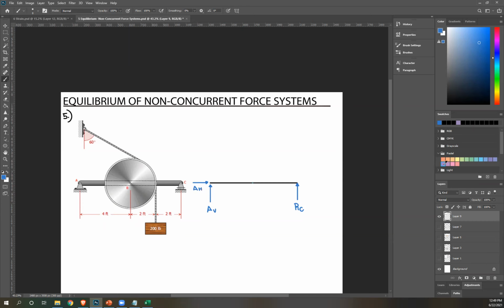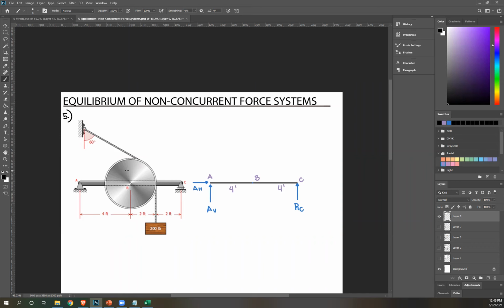Then let's draw the dimensions. This is point A, B, C. So this is 4 feet, and this is also 4 feet. Now what am I going to do with this pulley? If you remember the past topic, we had an example of a pulley system. When we got the resultant of forces acting on a pulley, we found out that it acts at the what?